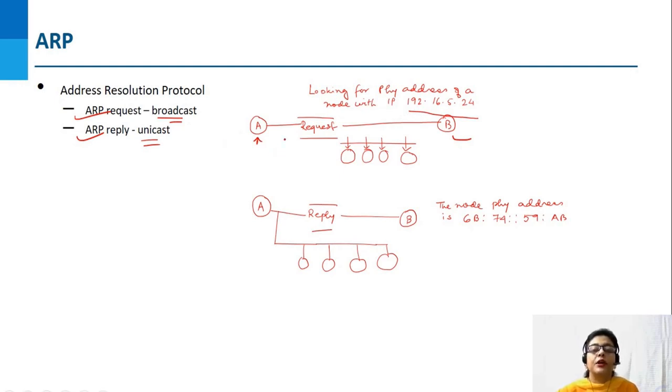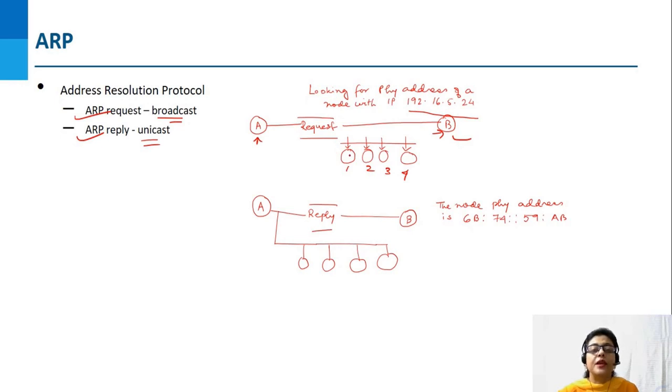In order to transfer the messages to node B, it must know its physical address. So A will send an ARP request. This ARP request is broadcast, so it will be received by all the devices, let's say 1, 2, 3, 4 and so on, and it will also be received by device B.